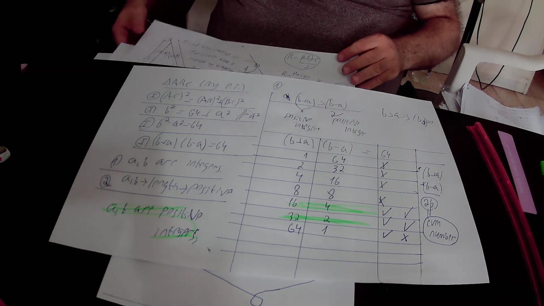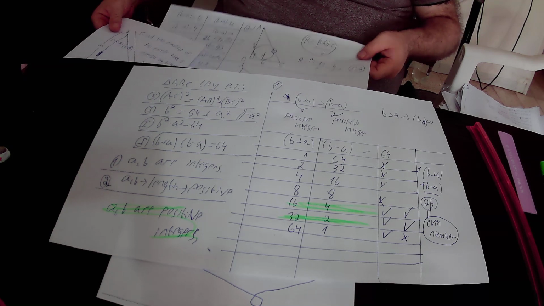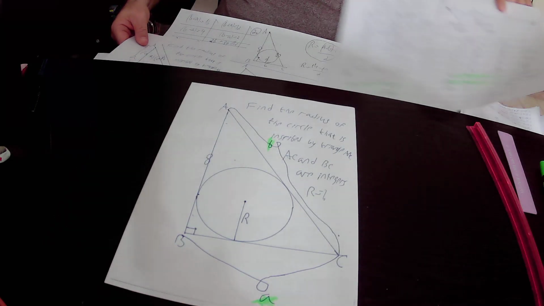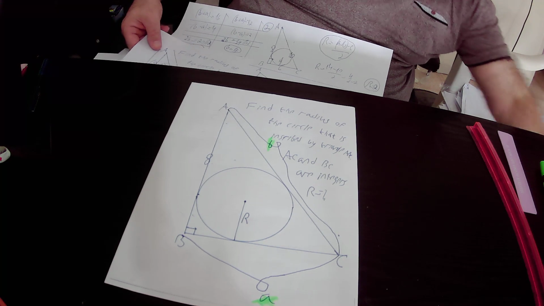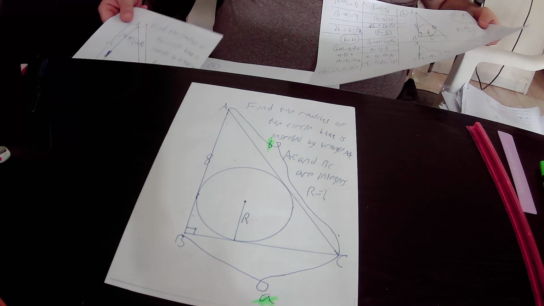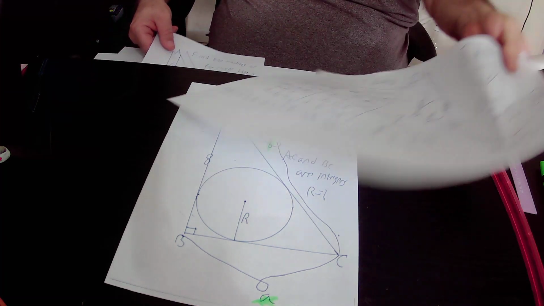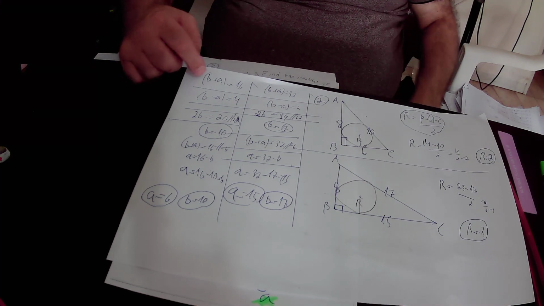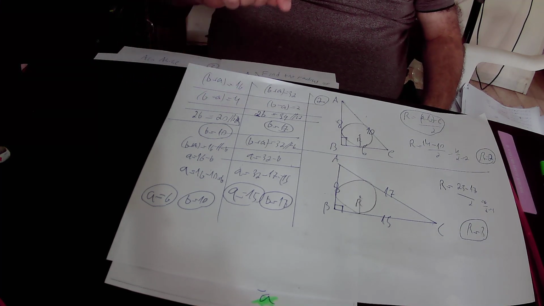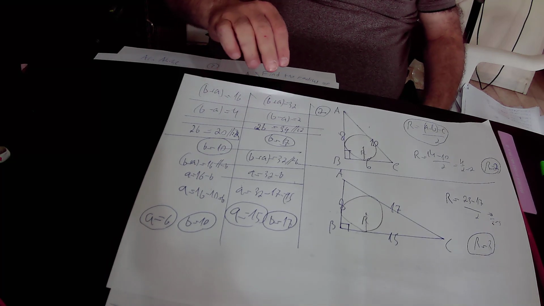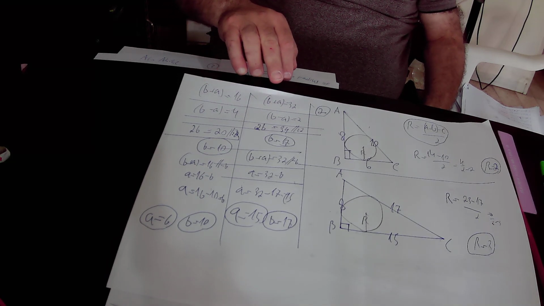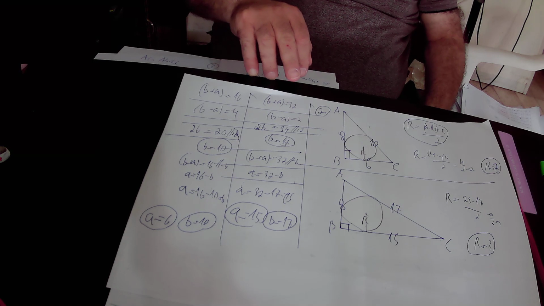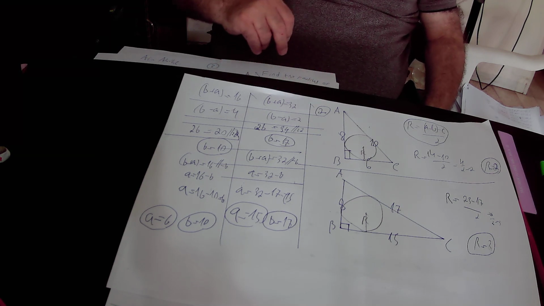So we write down the two solutions here. According to the first solution, b plus a is 16 and b minus a is 4. According to the second solution, the second option, b plus a is 32 and b minus a is 2.